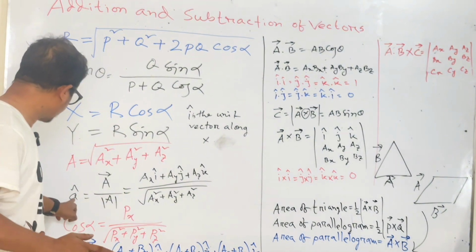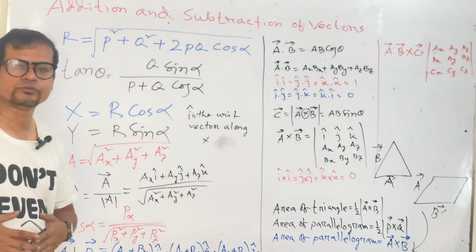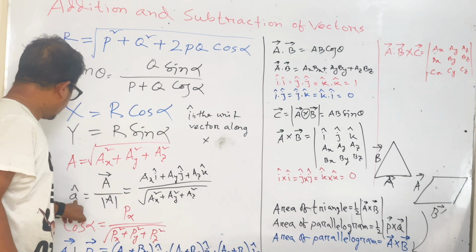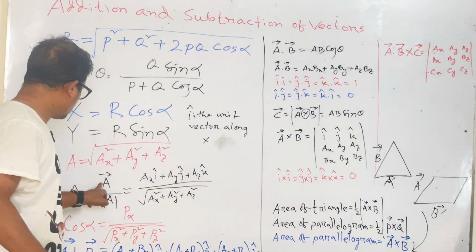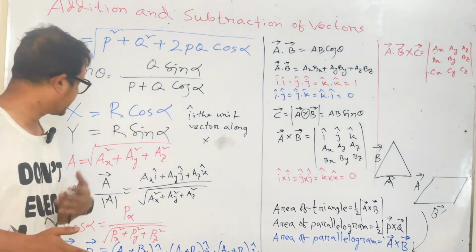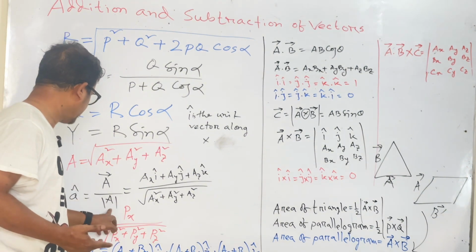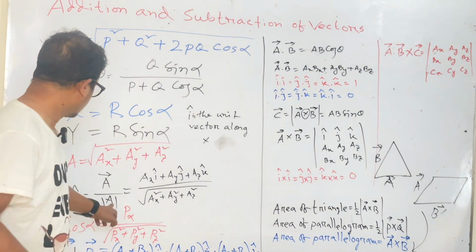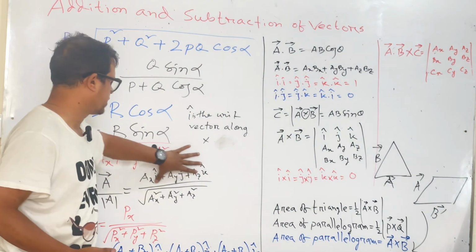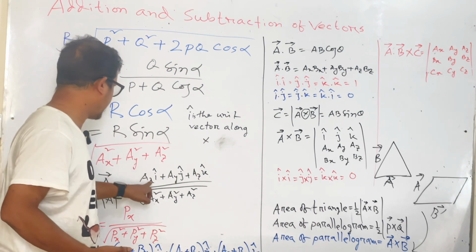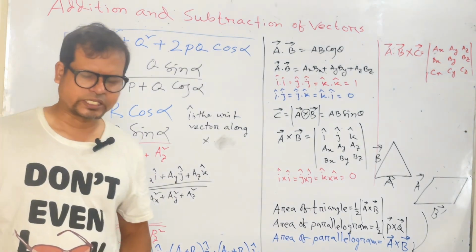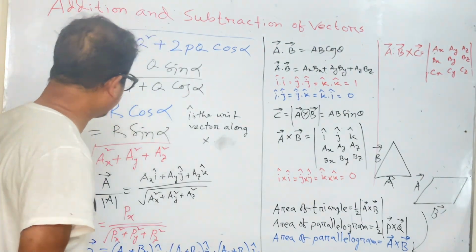Now, the unit vector. This is the symbol of a unit vector, the cap sign. The unit vector a equals vector A divided by its magnitude. Vector A is expressed this way: ax i unit vector plus ay j unit vector plus az k unit vector.